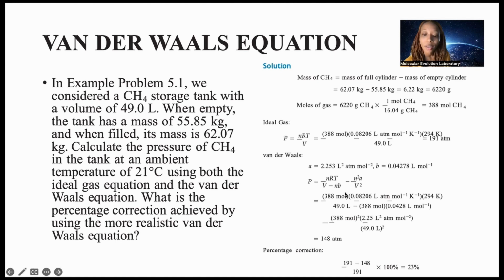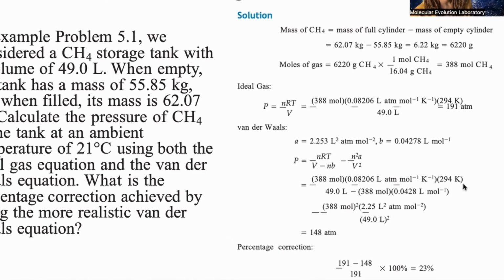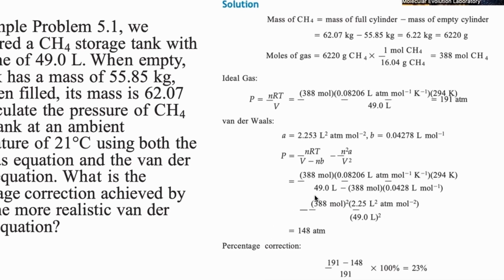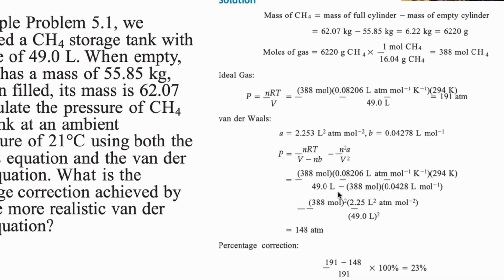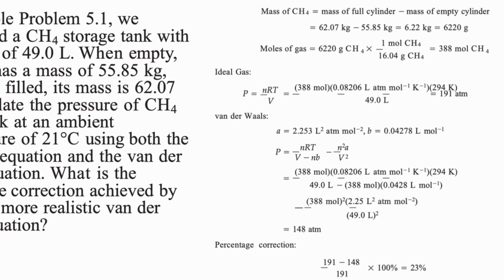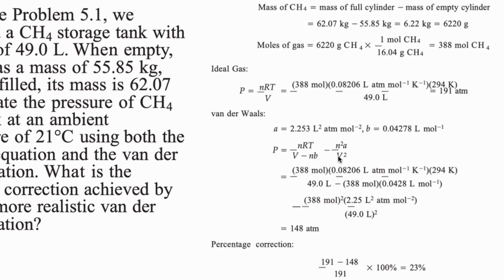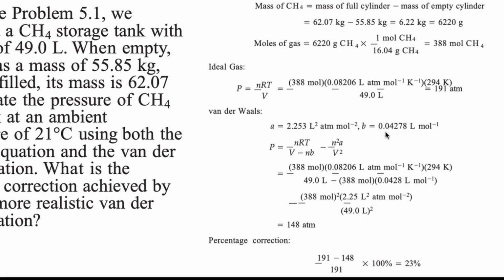We also have the constant, which is 0.08206, and the temperature in Kelvin, which is 294, divided by the volume, which is 49 liters, minus the number of moles times the constant B, which would be 388 moles, and the constant for A as well, divided by volume, which basically gives us 148 atmospheres.